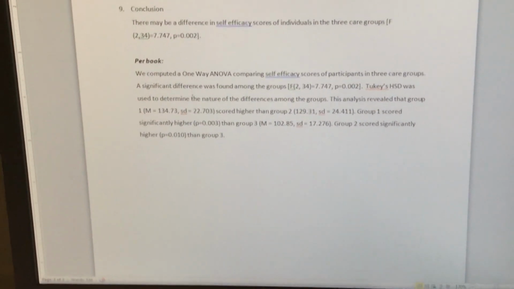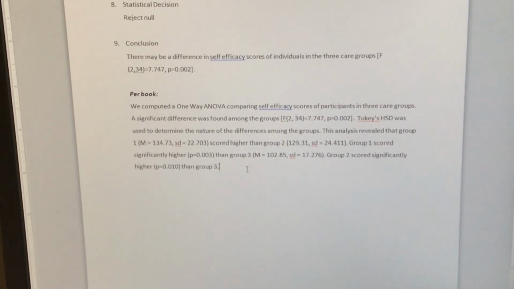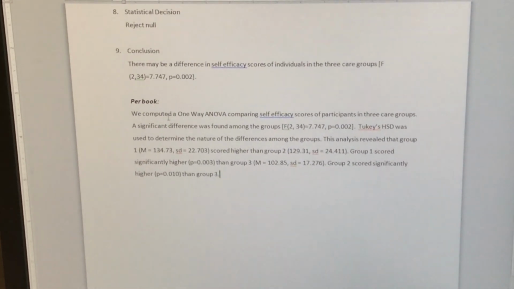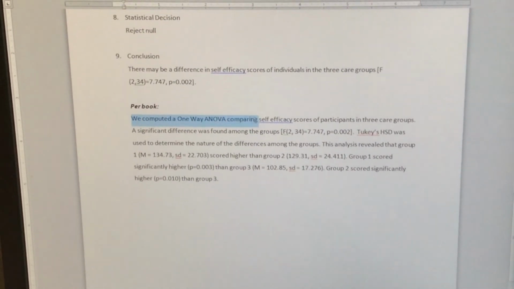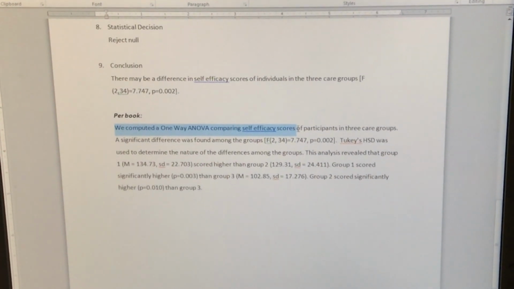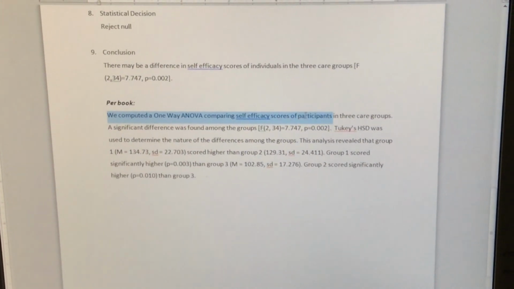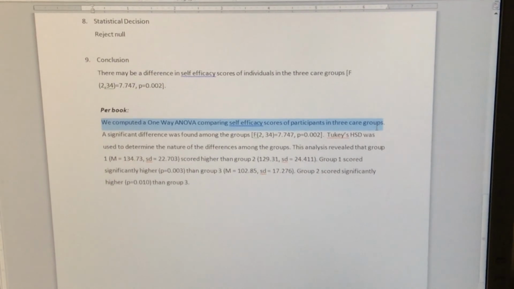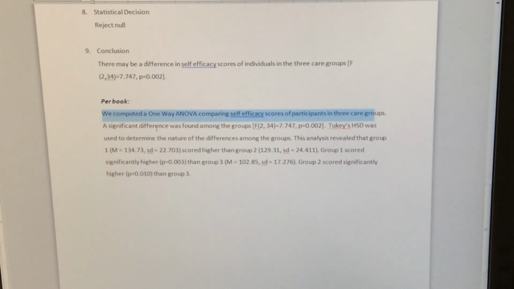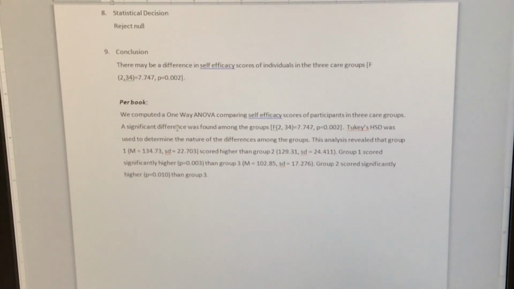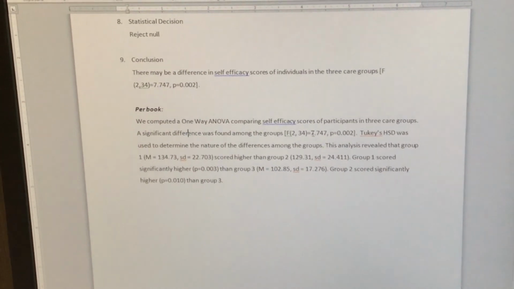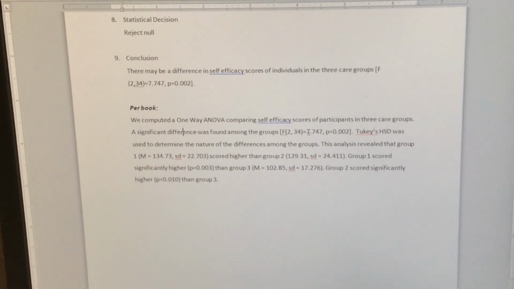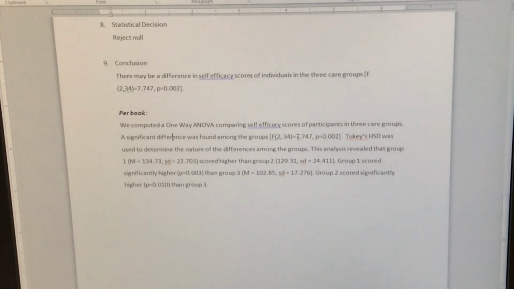Okay, so what we've done here in the more comprehensive discussion of our conclusion is we've said we computed a one-way ANOVA looking at self-efficacy scores of participants in the 3 groups, and we found that there was a difference somewhere. That's what ANOVA tells us, if there is a difference, not where the difference is.